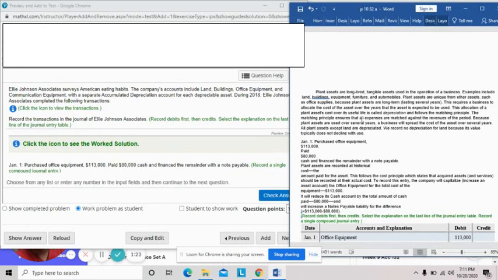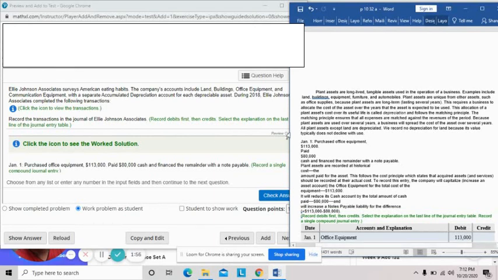This allocation of a plant asset's cost over its useful life is called depreciation and follows the matching principle. The matching principle ensures that all expenses are matched against the revenues of the period. Because plant assets are used over several years, a business will spread the cost of the asset over several years. All plant assets except land are depreciated. We record no depreciation for land because its value typically does not decline with use.